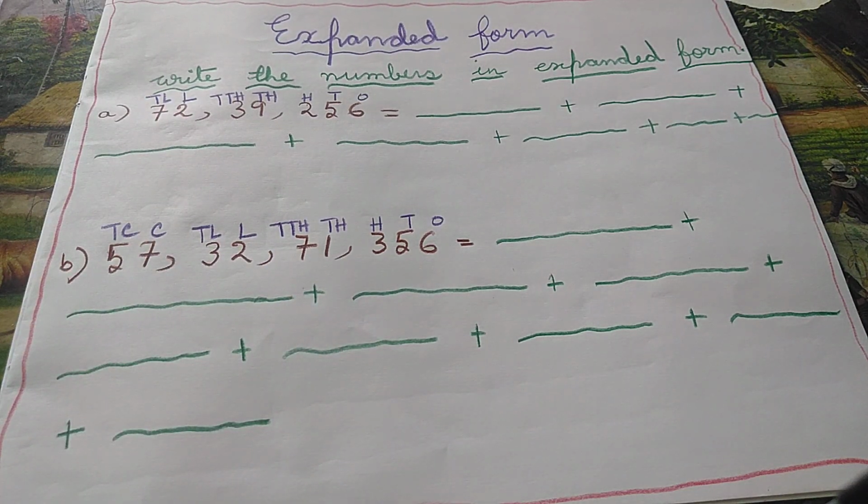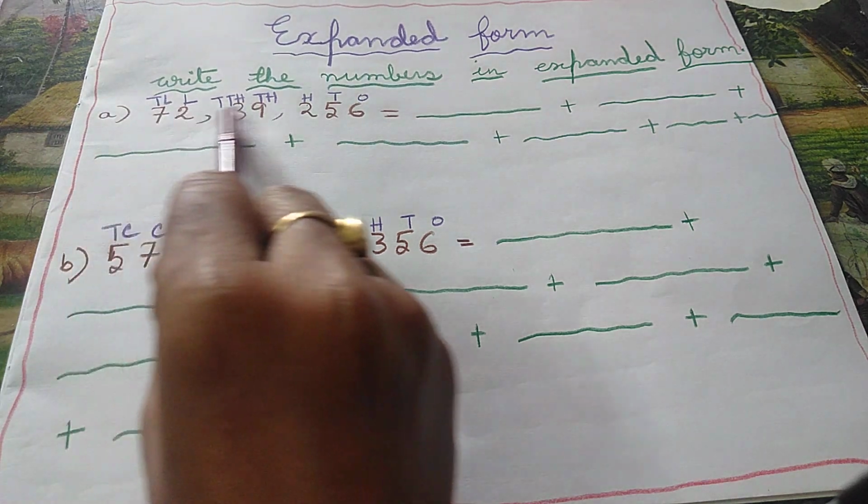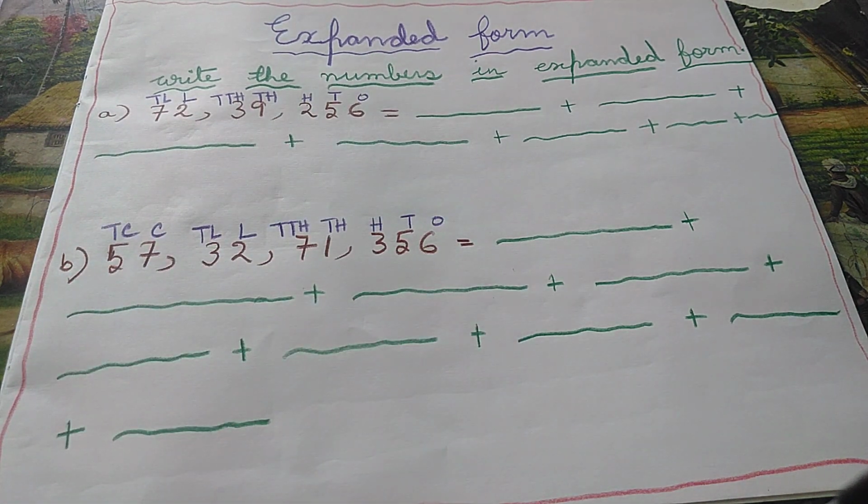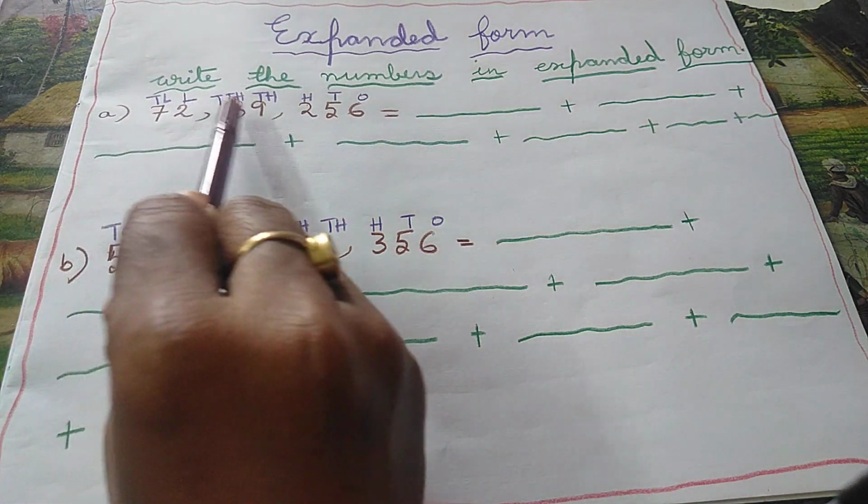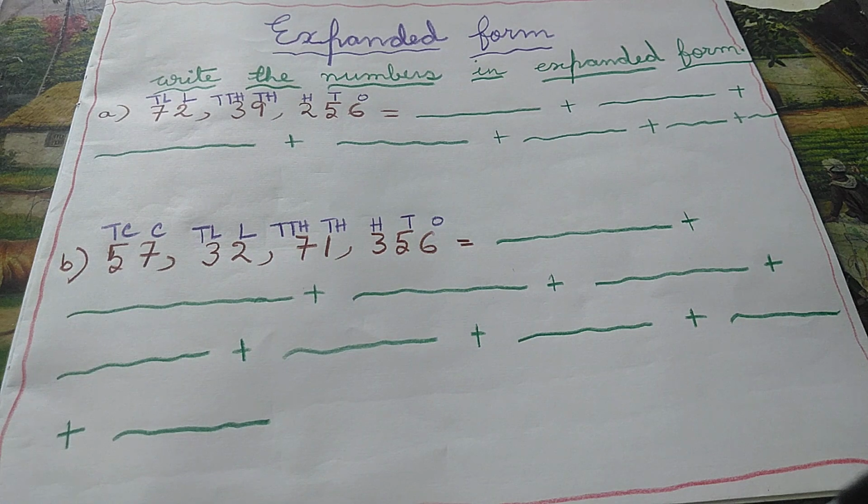Now, what is the expanded form of this number? The expanded form of this number is the sum of the place values of these digits.